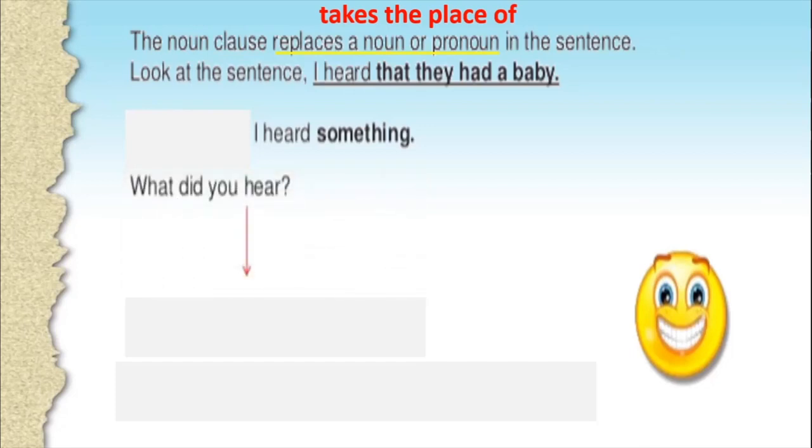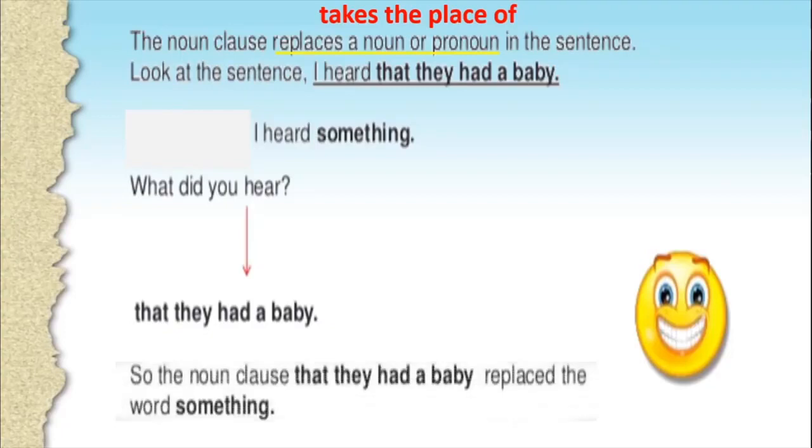What did I hear? I heard that they had a baby. So I am replacing the something, which is a noun, with they had a baby. So that they had a baby becomes a noun clause here. Whenever you're using a group of words to replace a noun or a pronoun, that becomes a noun clause.